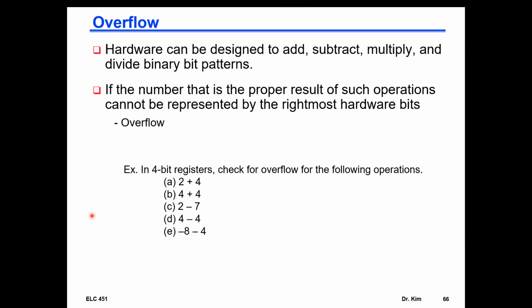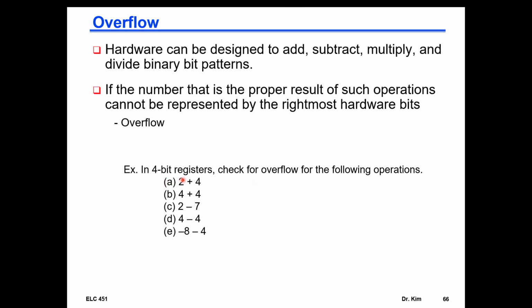So if we had 4-bit registers, if we do this operation and we are holding signed numbers in this 4-bit register, which will have a range of -8 to +7.